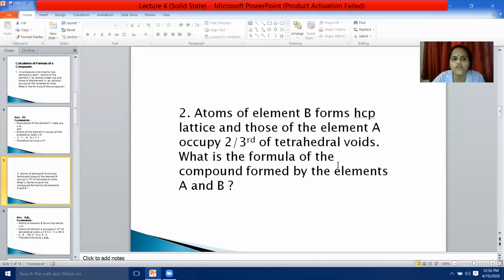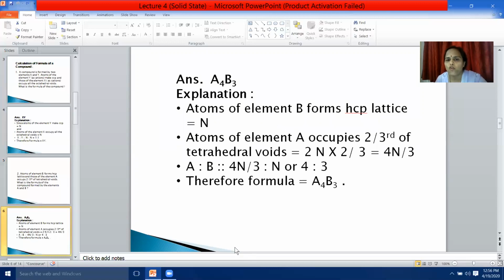So the ratio of A is to B will be equal to 4n/3 is to n, which is equal to 4 is to 3. Means A value is 4 and B value comes out to be 3. Therefore, the formula of the compound becomes A4B3.